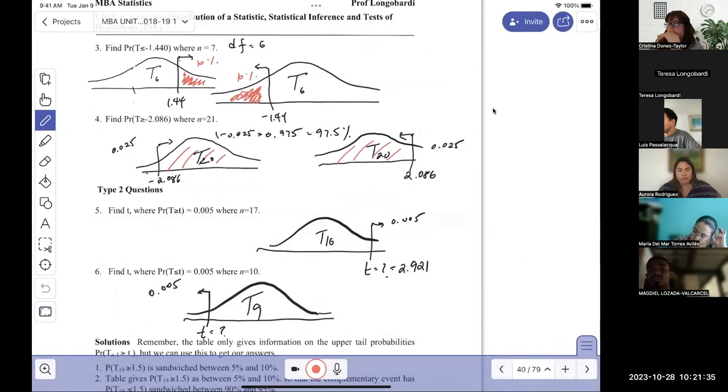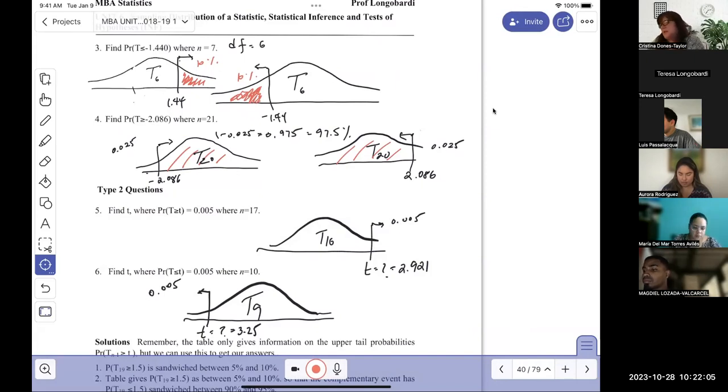Professor, so in this type of questions, we just need to identify the t value. Exactly. So remembering what we're trying to do, I could even go further and remember when we did the backward type problems with the z-score, we had to do the unstandardizing to get back to the variable.